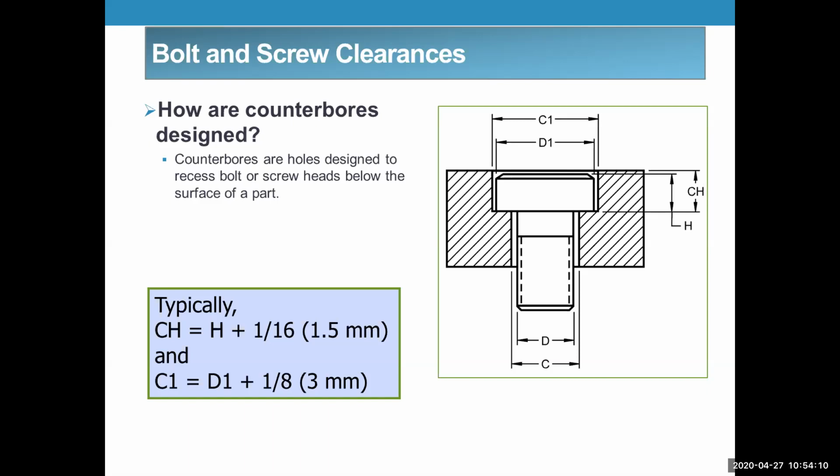Typically, for the counterbore depth, you're looking at the height of the head plus a 16th. That 16th gives you a little bit of extra clearance so that the head is below the surface. If you've put a tolerance on this depth, that gives the machinist a little leeway.